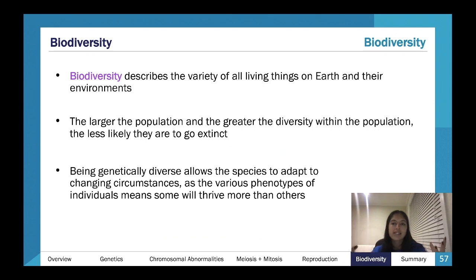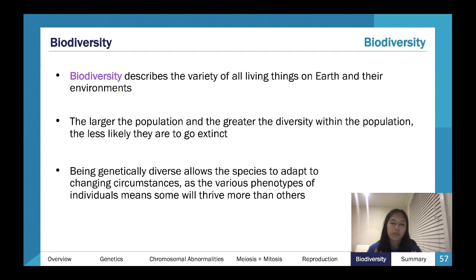Okay, so again, as the name suggests, biodiversity is just the diversity, the variety of organisms on Earth. Biodiversity is something that comes up next year when you look at speciation and all this sort of stuff. But the idea here is that the more biodiverse something is, the better. The more genetic variation, the better, as we've discussed previously. So the way for things to be biodiverse is a large population.